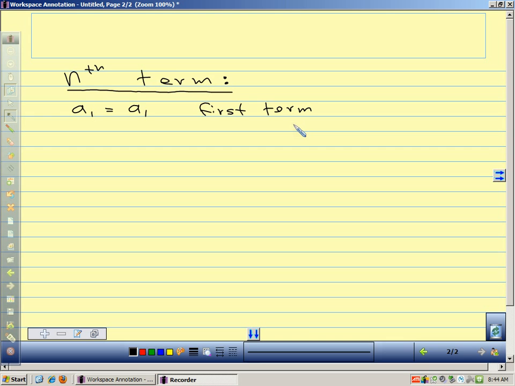And we know that our terms differ by a constant, so we can say that a2, our second term, is just a1 plus d, where d is the common difference. So a2 is just a1 plus d.